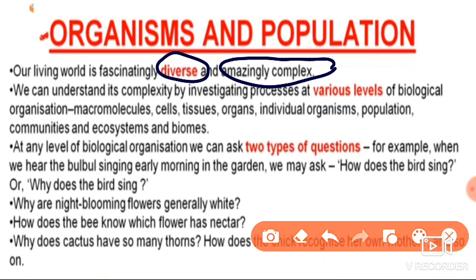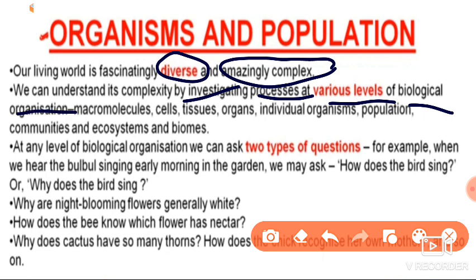If you think about the insects, they are very diverse as compared to plants, and animals are more in number. And here we can understand the complexity by investigating processes at various levels of biological organization.